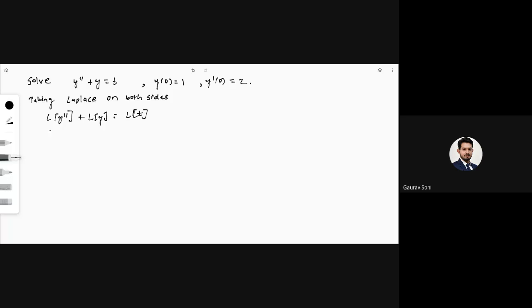So Laplace of y double dash, we have a formula s square capital Y of s minus s y of 0 minus y dash at 0, plus capital Y of S is equal to Laplace of t, which is gamma of 2 upon S raised to 2.